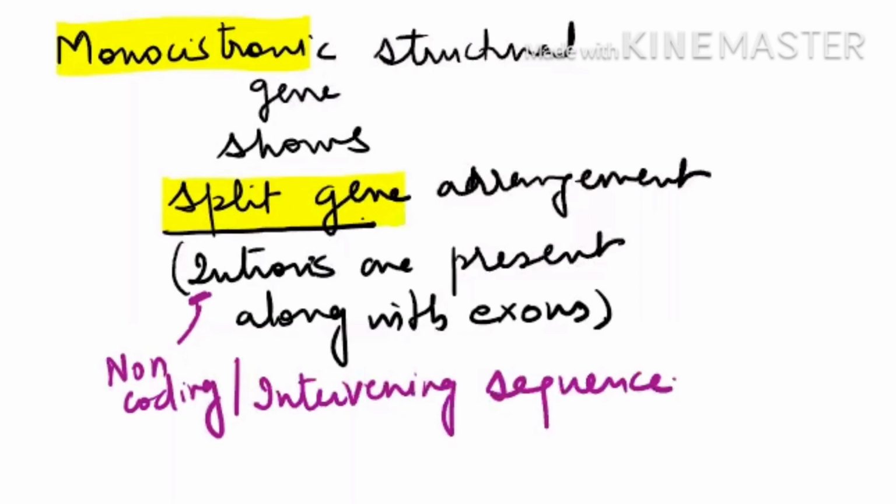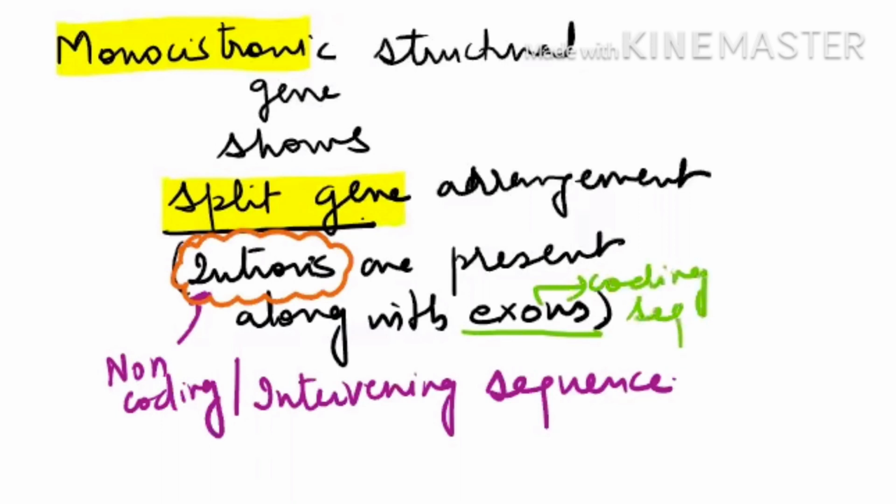So you can learn this way, just like as intervals are present in the movie, which we don't want to see any intervals. So intervals are non-coding area. The same way, introns are your non-coding area. Okay, and coding area is only exons. Exons are the one which are having the information to make protein. So this is coding sequence.